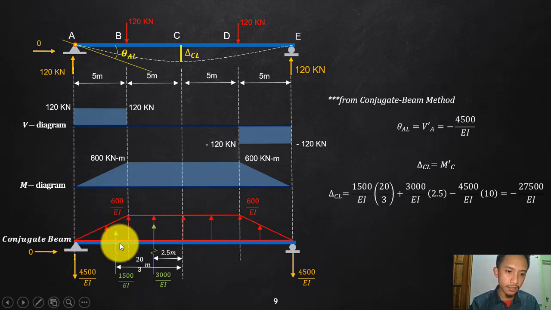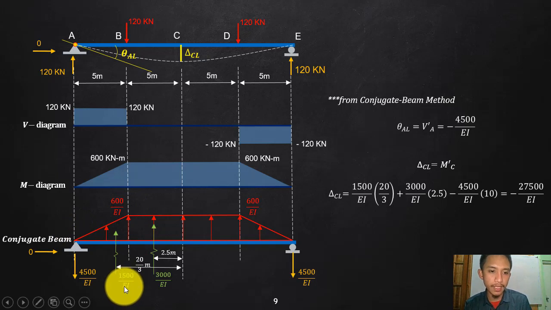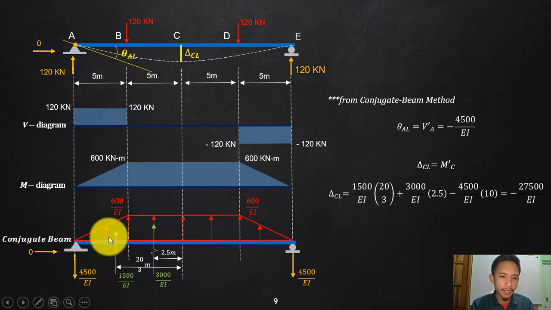I will get the area of the triangle, that is 1/5 over EI. And then the centroid of a triangle is 1/3 from the leg, and then 2/3 from the vertex, isn't it? So getting that one, these are 5 meters each. So this is 5 meters plus 1/3 of 5, so that will be 20 over 3 meters. And that is rotating clockwise, so that is positive.